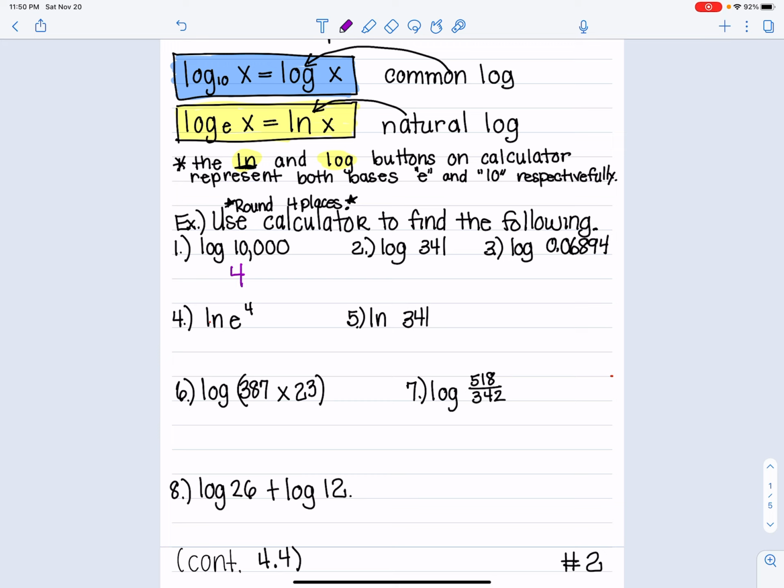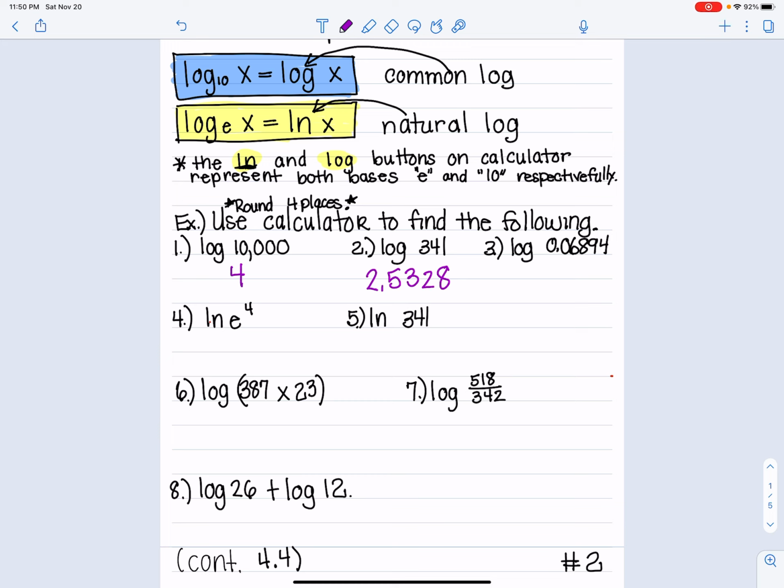I think everybody should have gotten 4. So next one, type in log, then hit 341. Make sure you close that parentheses out. Hit enter. Let's see what we get. Okay, so I get 2.5328, because that 7 would go up to 8. Now, I hope everybody got the 2 that I just did.